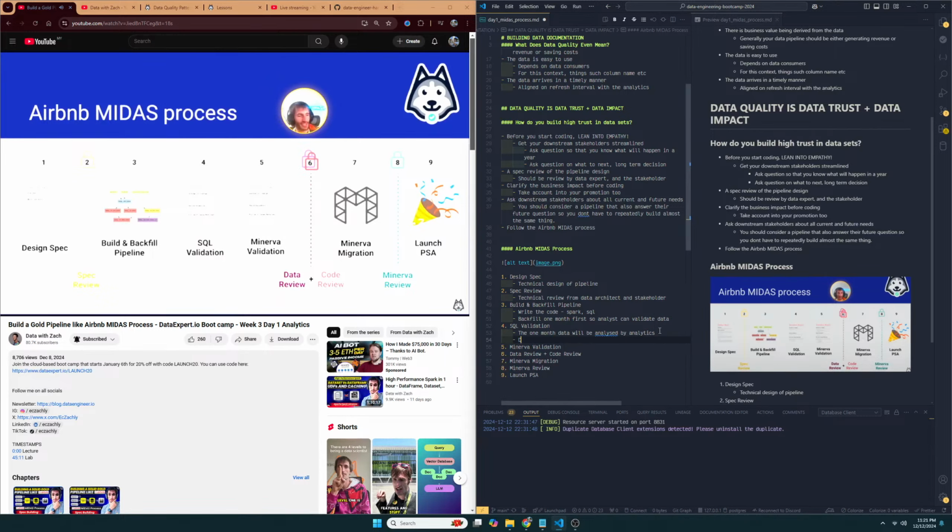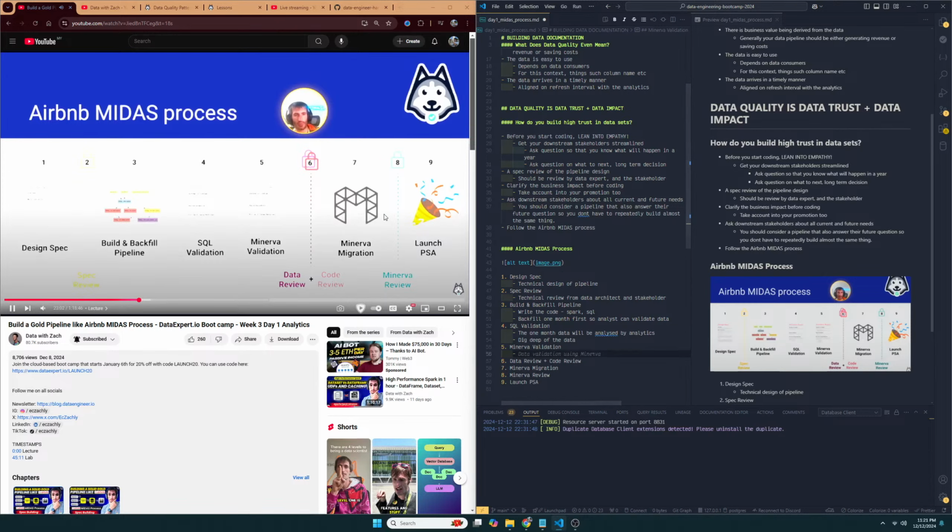So then after the SQL validation, you have the Minerva validation. Minerva validation is where you're looking at the metrics.